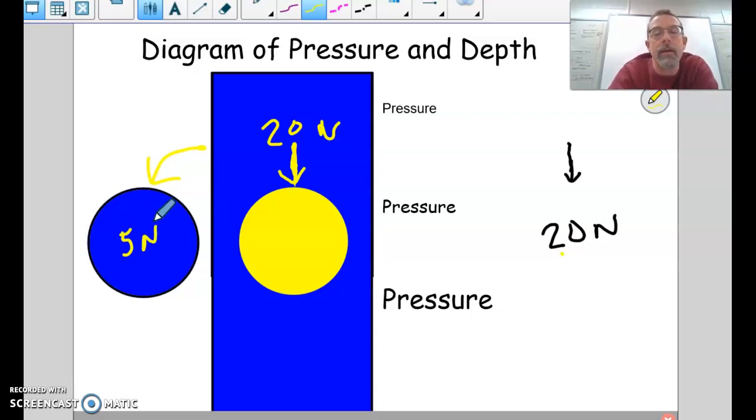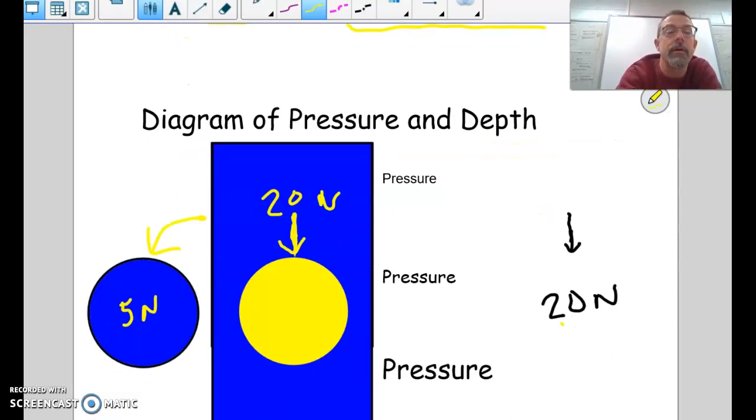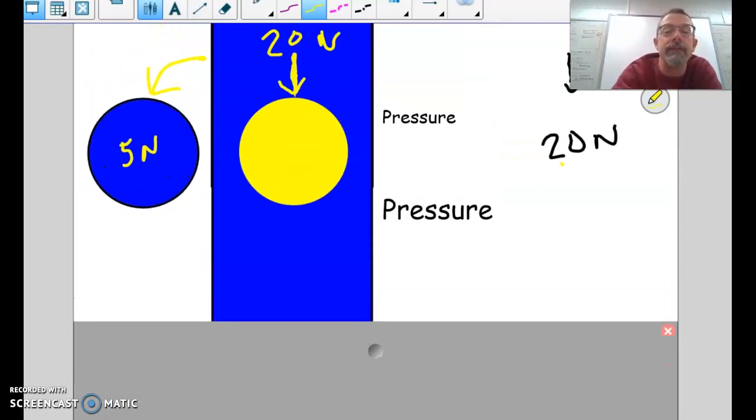So what does Archimedes' principle say? The buoyant force equals the weight of the fluid displaced. So if this water that got pushed out of the way weighs 5 newtons, that means there's a buoyant force acting up on this object of 5 newtons.